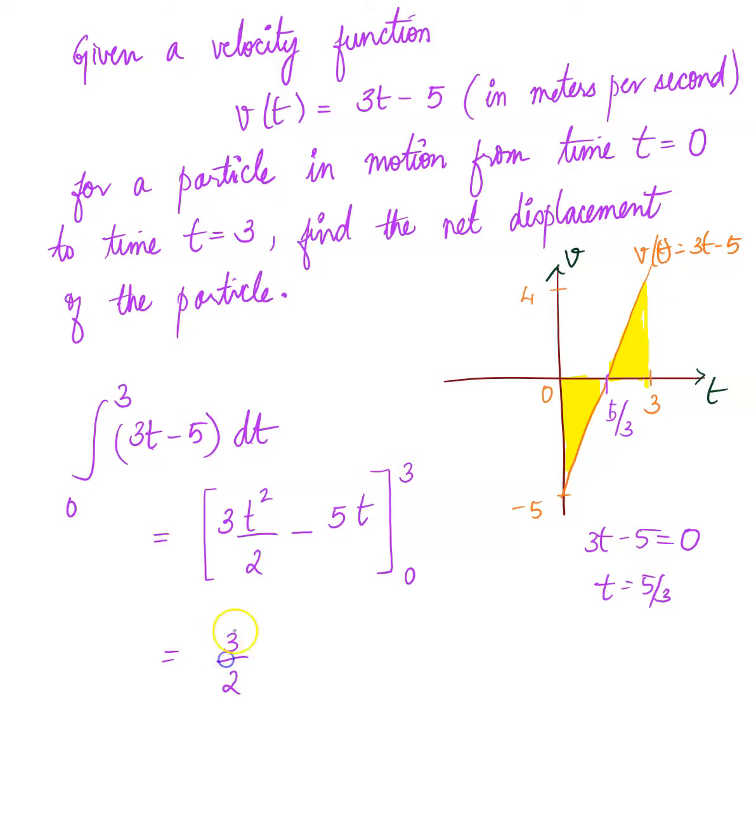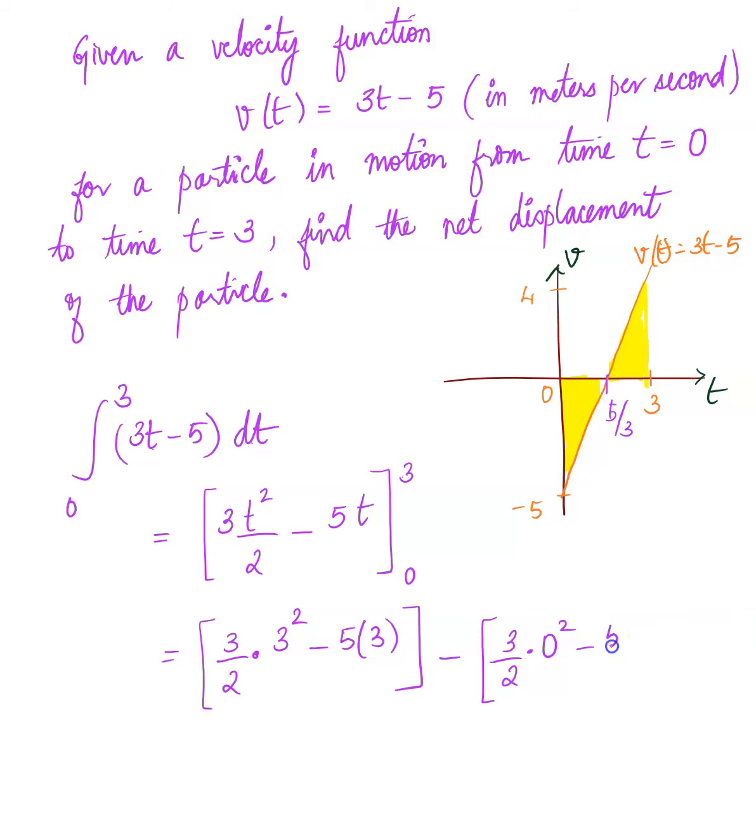So 3 over 2 times 3 squared, minus 5 times 3. So upper limit minus the lower limit. So 3 over 2 times 0 squared minus 5 times 0.